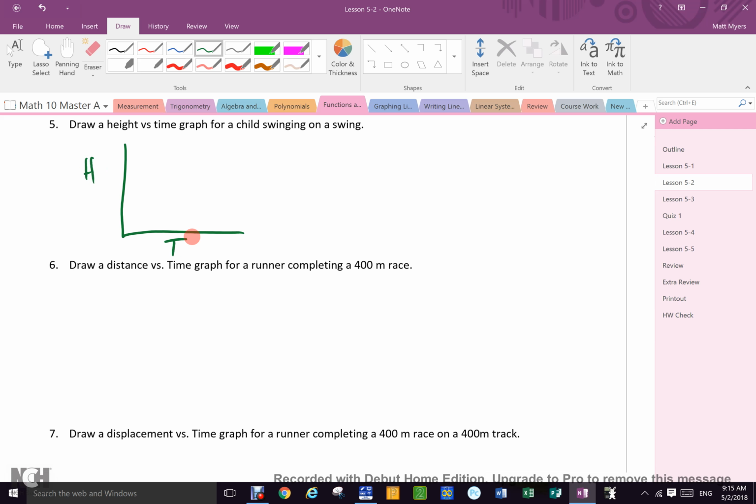Now, at 0 time, where does your line have to start over here? At the bottom? Kind of hard to swing if the swing's sitting on the ground. So can I have my height at 0? No. It's got to be a little bit off the ground, technically, yes? Everybody cool? All right, now, what happens?